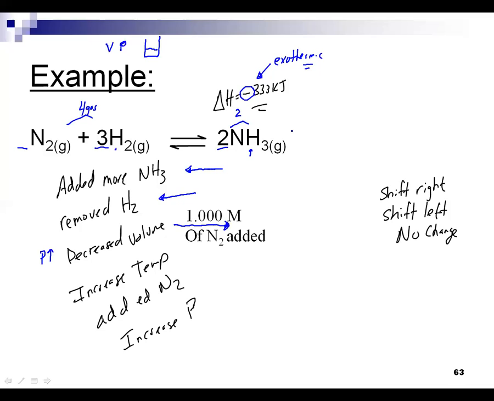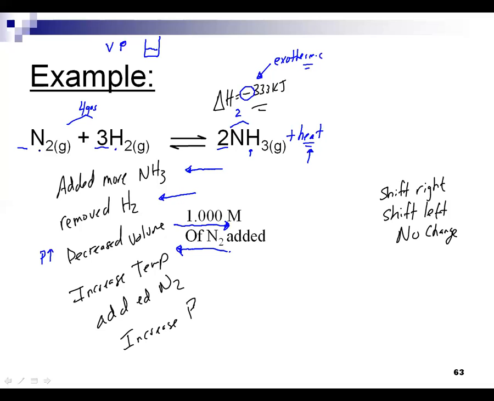And that means if I wrote heat and energy into this equation, it would be on the product side. So if I increase the temperature, that would be like adding more temperature here. And when we add to the right-hand side, it should shift away from it, which means it actually should go to the left there. Any questions on that one?